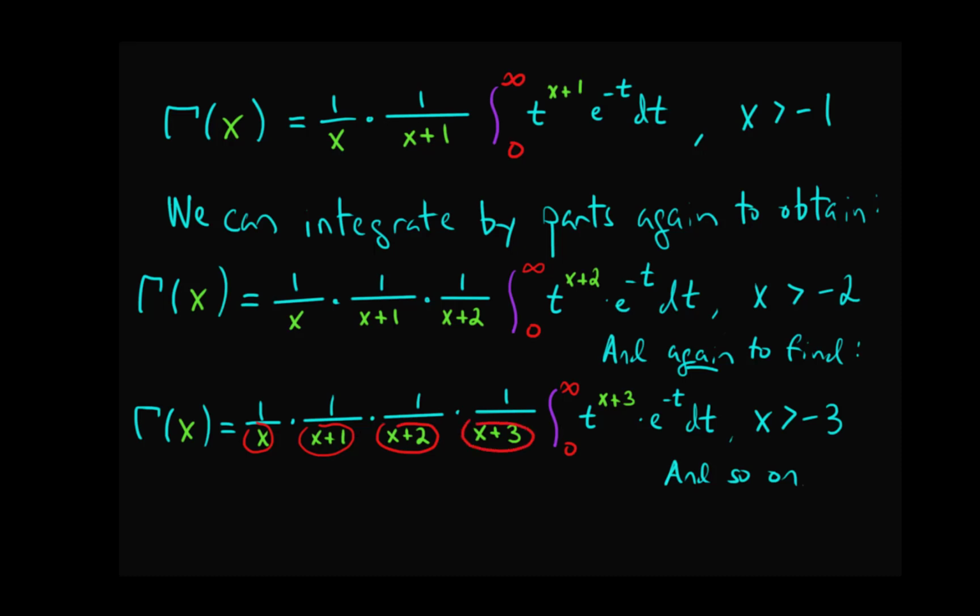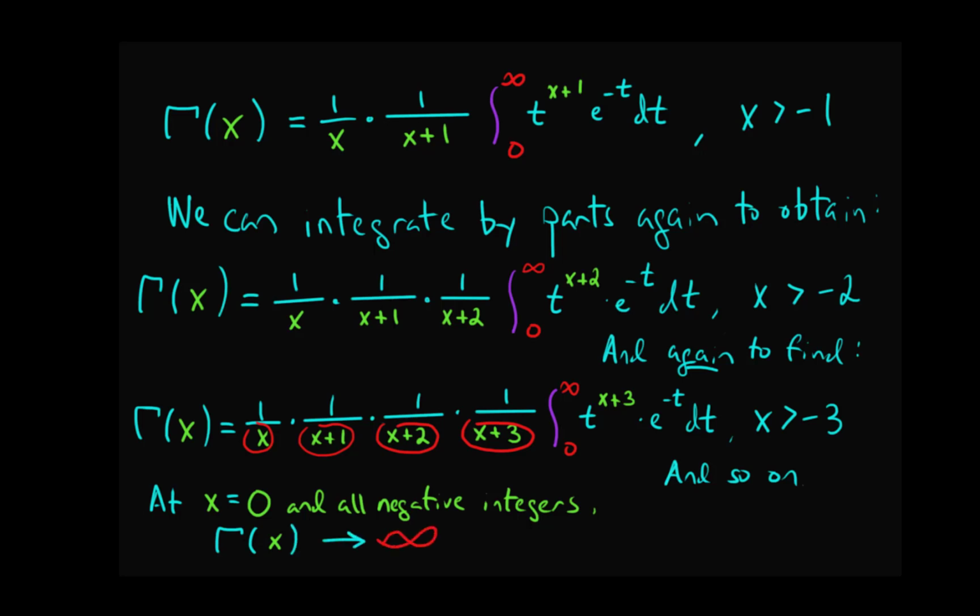In fact, we could repeat this process an infinite number of times, and were we to do that, we would have valid definitions for the gamma function on all the positive and negative numbers, excluding x equals 0 and the negative integers, where gamma of x diverges.